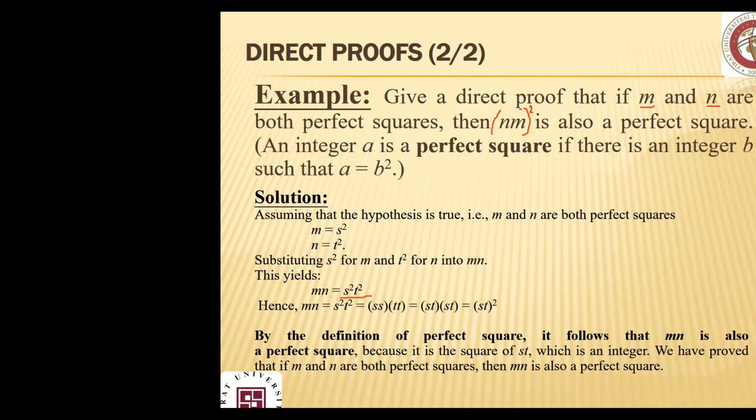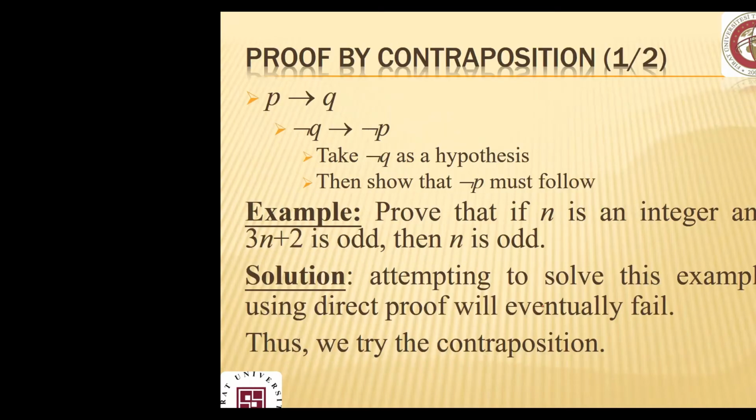And this is what we want to prove. The definition of perfect square is a equals b squared, and we got something like this, st squared, where we assume that m is equal to s squared, n is equal to t squared, so we got again a square here, and that's the proof. This is a direct proof, and it's usually easy and straightforward, and its application is similar to this.